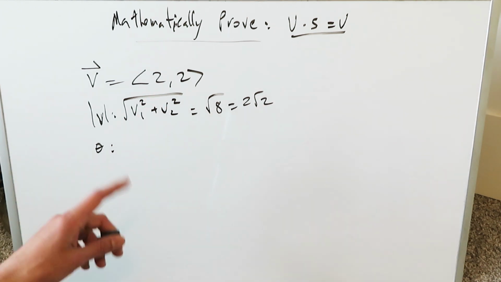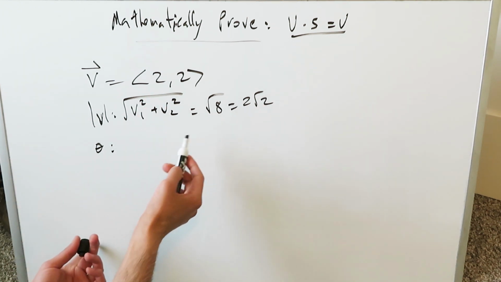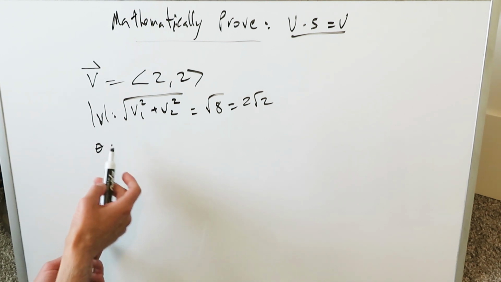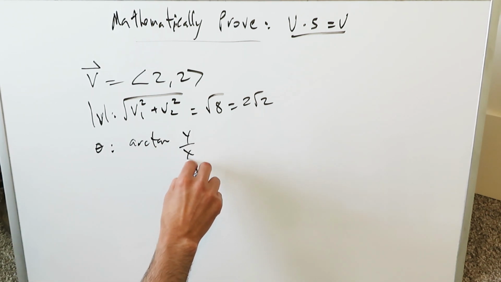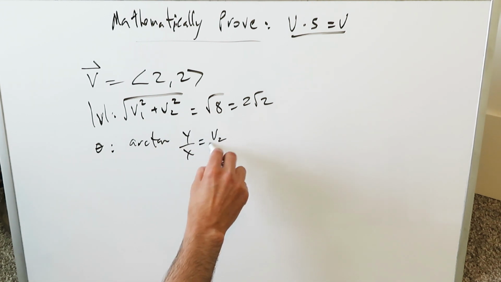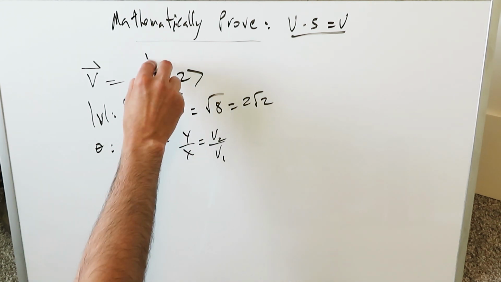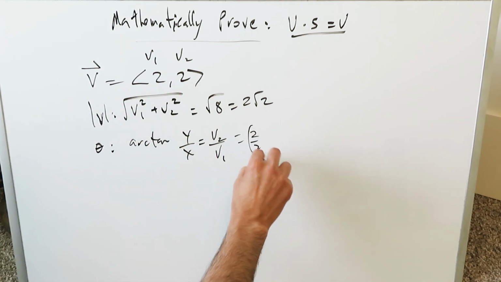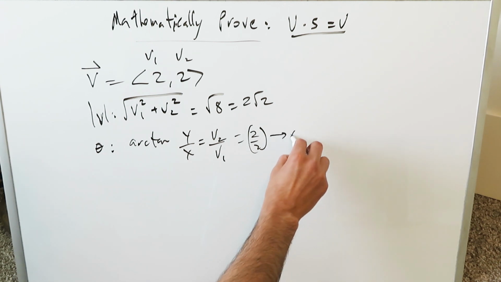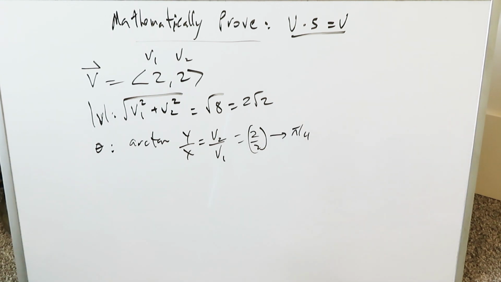When you do the angle of a vector, the direction which is represented by that angle is always your arctan of your y component divided by your x component. Here you can say your v2 component by v1, because here I'm looking at a v1 and a v2, the individual components that make that vector. You're looking here at a 2 over 2, but in terms of its arctan, you know you're going to get pi over 4 or 45 degrees.